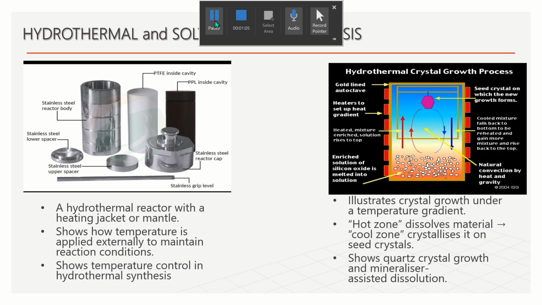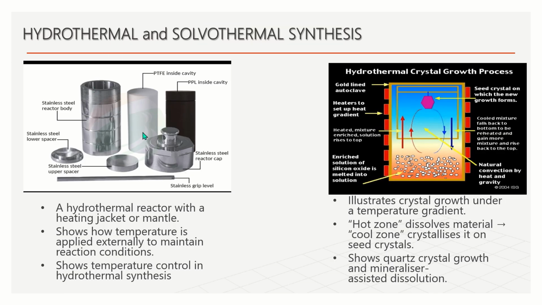The shiny metal cylinder is the stainless steel reactor body. It holds the pressure from inside. Inside it we place a Teflon PTFE inner sleeve. This is important because the chemical should not touch the steel. The reactor has a stainless steel cap and spacers to keep everything tight and assembled.